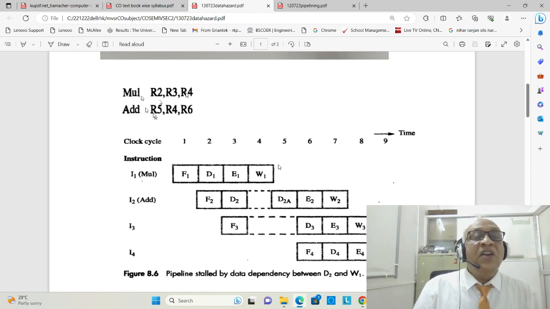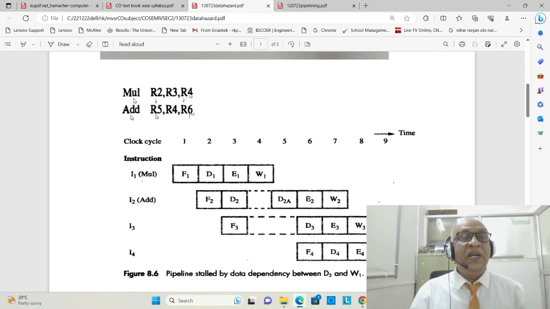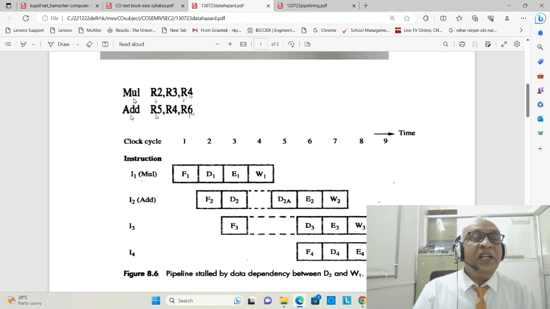Here, R5 and R4 are added and the result will be kept in R6. In the first multiply instruction, R2 and R3 are the source registers, while R4 is the destination register. But in the addition instruction, R5 and R4 are the source registers and R6 is the destination register.